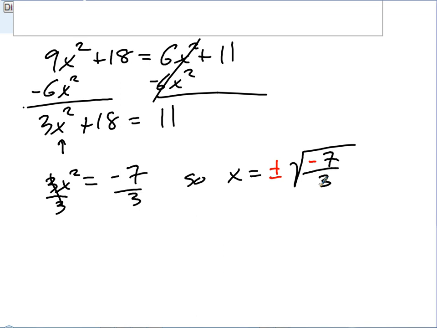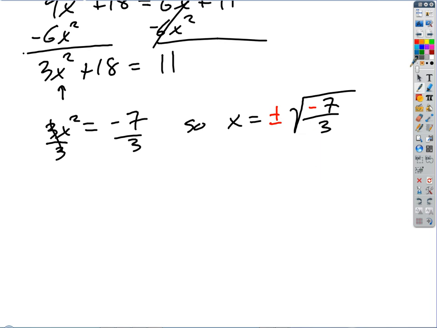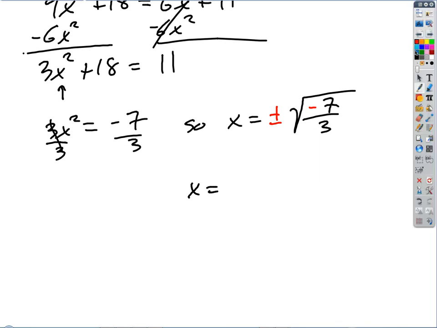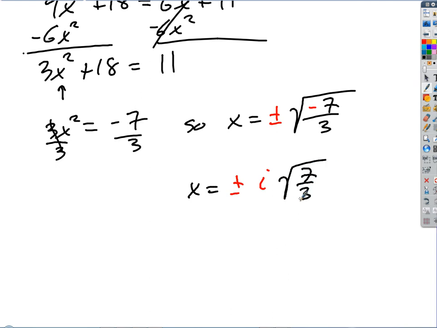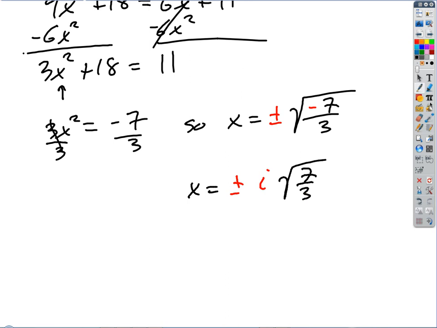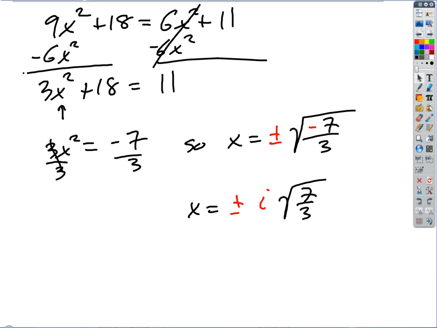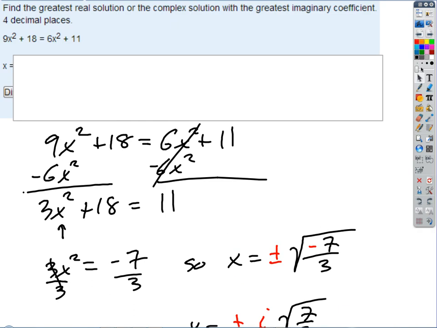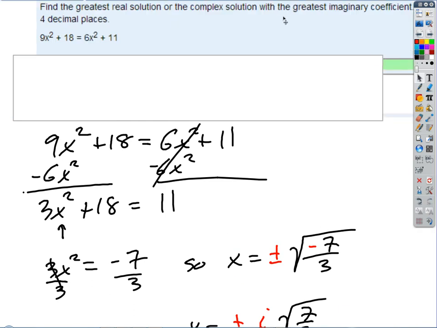So that's going to look like x equals plus or minus i times the square root of 7/3. Which one do we want? The plus. And even though it gives you the option of entering this as a decimal, the reason being is because it wants the greatest.